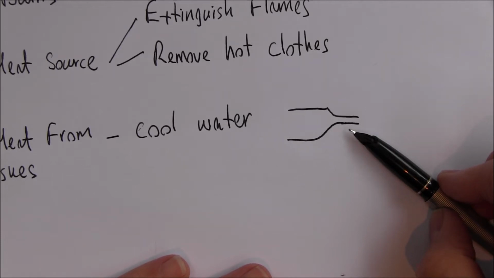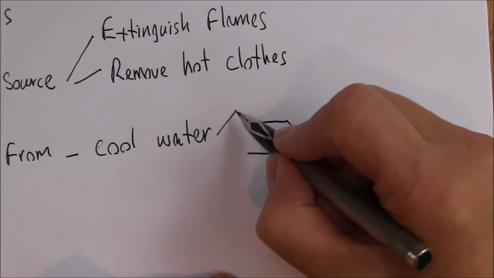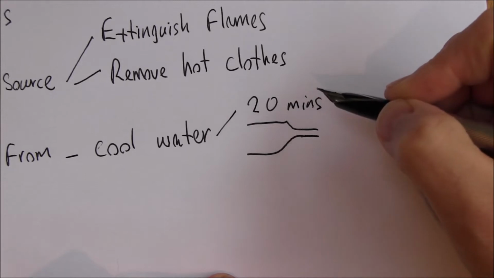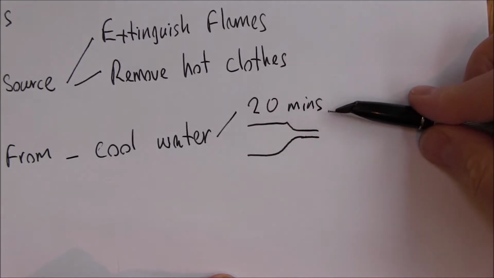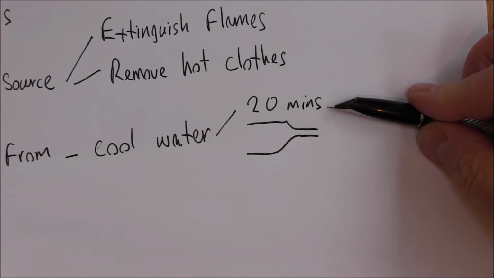And it's surprising how many people don't realise that this needs to be kept in cool water for 20 minutes. To remove the heat. So the heat is not removed quickly, it takes time. As we've said, tissues are poor conductors. So we can either immerse it in cool water or we can shower the person with cool water, but we need to do it for 20 minutes.